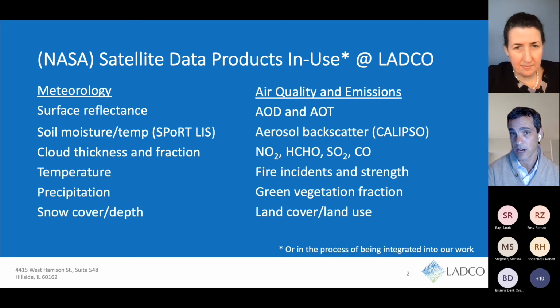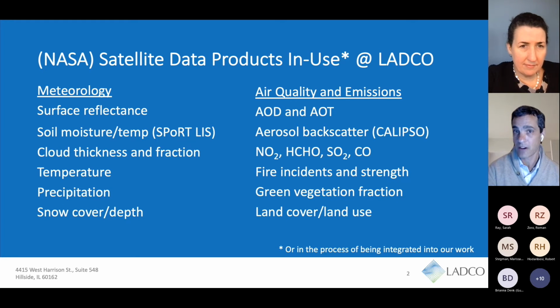This is important for tracking smoke plumes, for example, or dust plumes. In this region, it's mostly for looking at smoke. We use retrievals of different gases, nitrogen dioxide, formaldehyde, SO2, carbon monoxide, again, for model validation, and also for looking at things like ozone formation and the impacts of different pollution events.